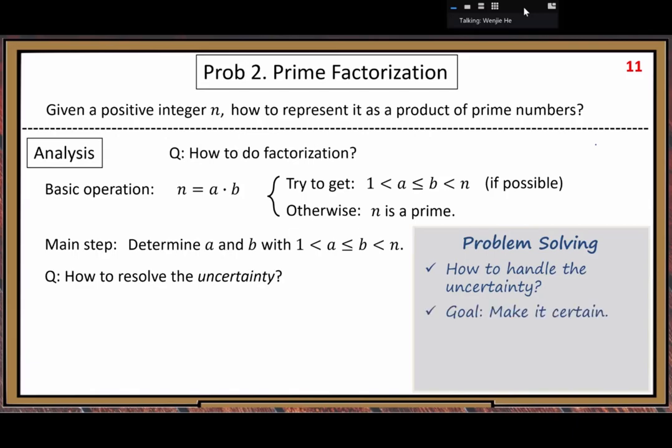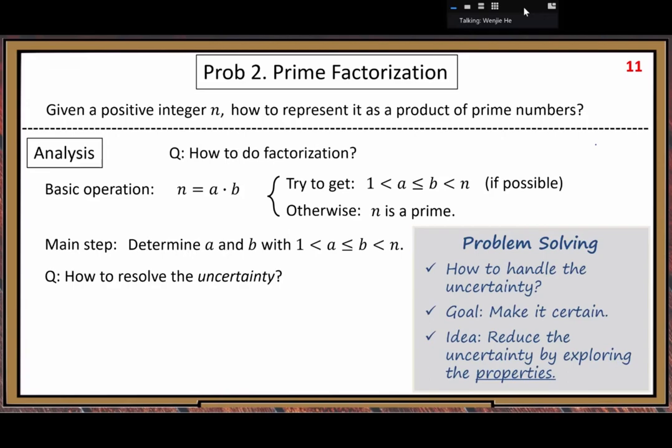So the goal is we want to make our destination certain. The idea is we want to find a way to reduce uncertainty, to make it more and more certain. How to do it? By exploring the properties. We need to discover some useful properties to reduce the uncertainty.